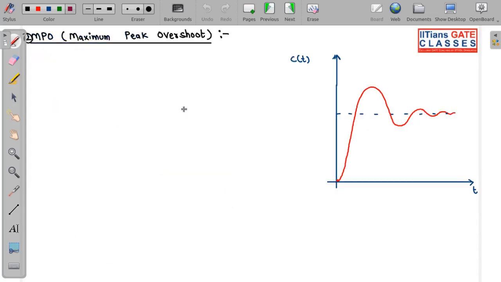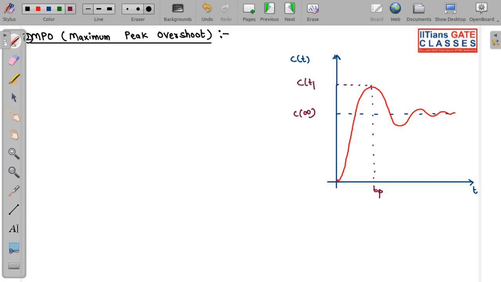Now the next concept we have over here is that of maximum peak overshoot. So what do we mean by maximum peak overshoot? The time at which the error is maximum is known as your peak time, and at peak time the maximum value of c of t from your steady state value is known as your maximum peak overshoot.